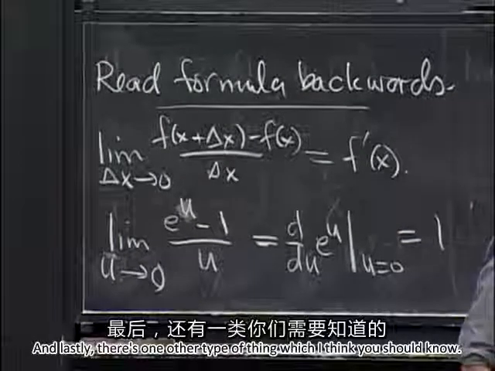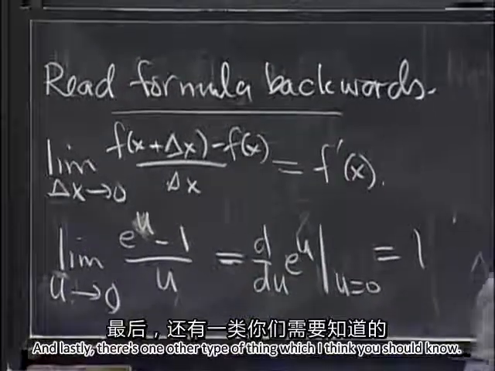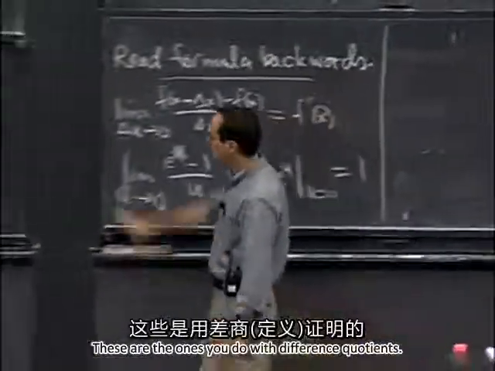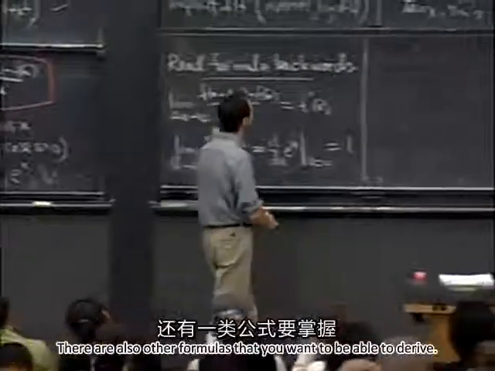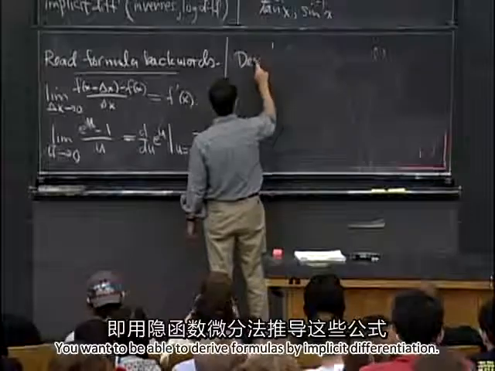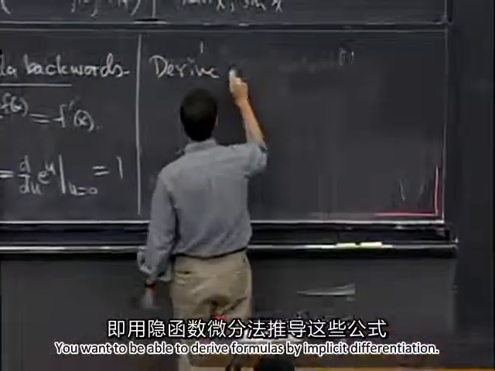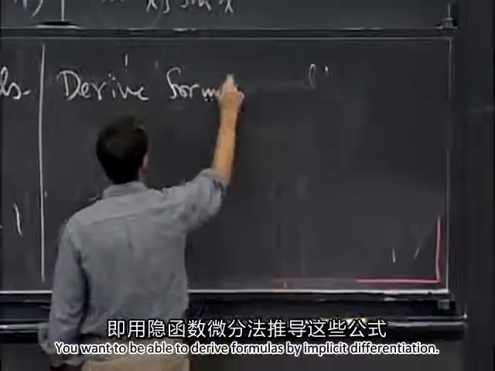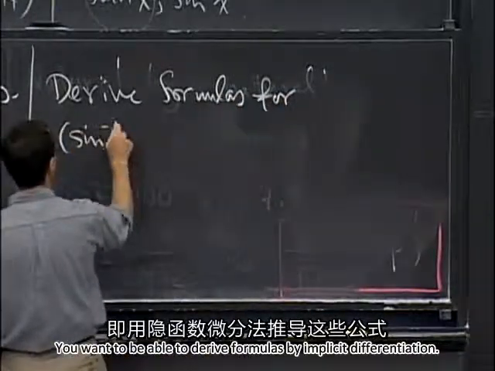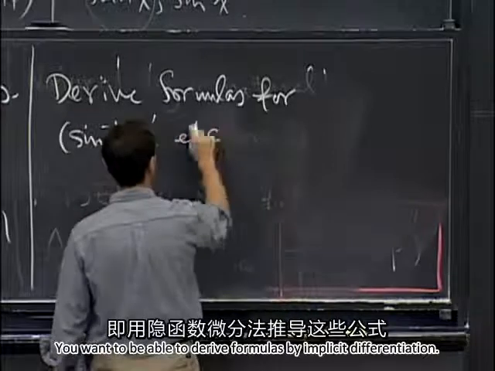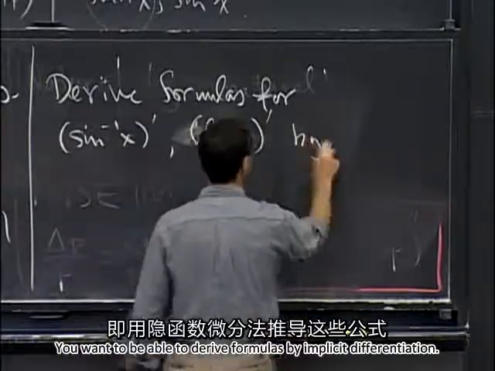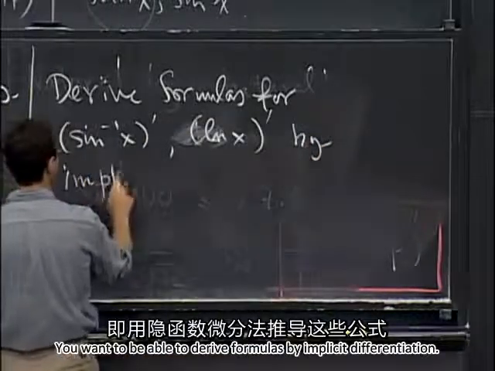And lastly, there's one other type of thing which I think you should know. So these are the ones you do with difference quotients. There are also other formulas that you want to be able to derive by implicit differentiation.